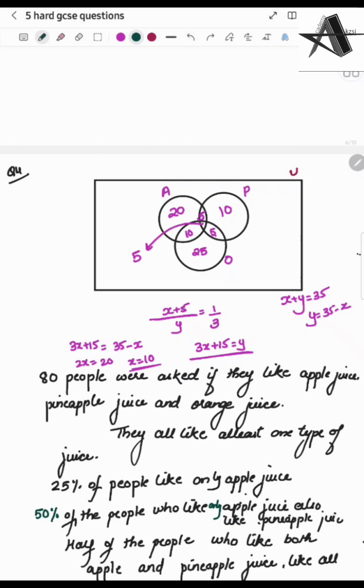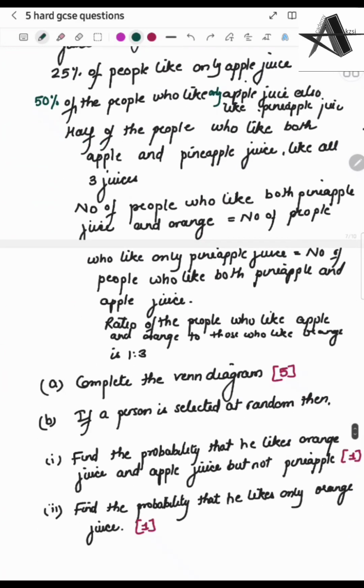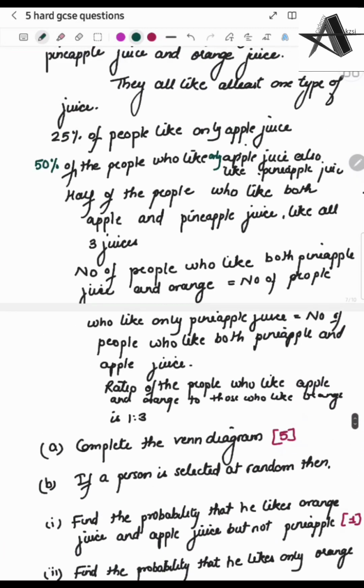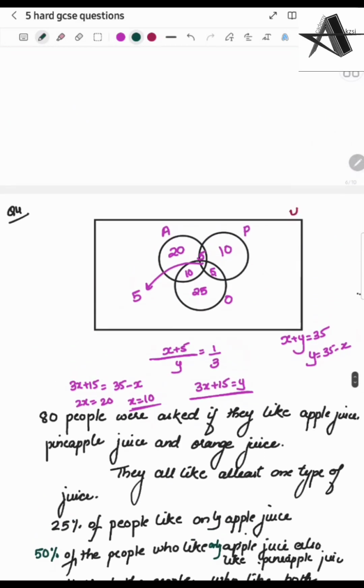So 10 over the total number, 80. So the answer will be 10 over 80. The probability is 1 over 8. We can even check whether our Venn diagram is correct or not. The sum should be equal to 80. So this is 10 plus 20, 30. This is 35. This one 40. This is 50. This is 55. And this is 80. So yes, we have done it correctly.